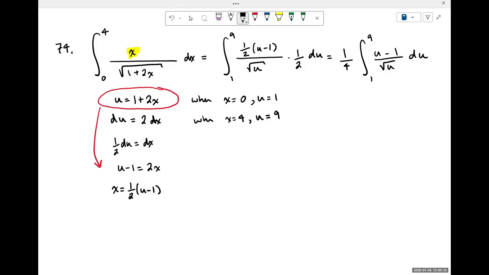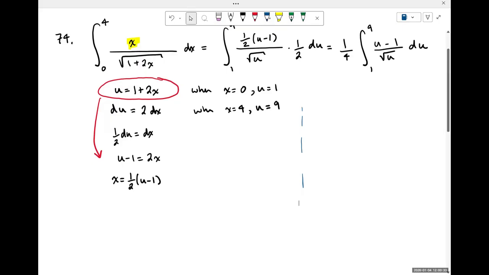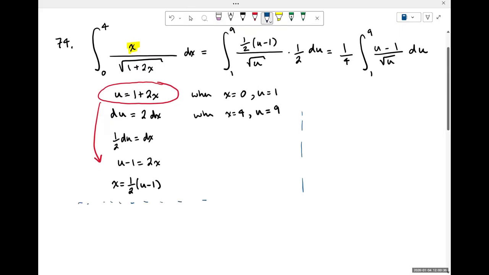Let's bring it down here. So this is going to be equal to 1/4, integral from 1 to 9. u over the square root of u would be the square root of u, and then minus 1 over the square root of u, right?